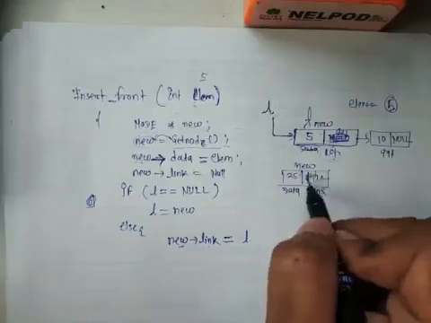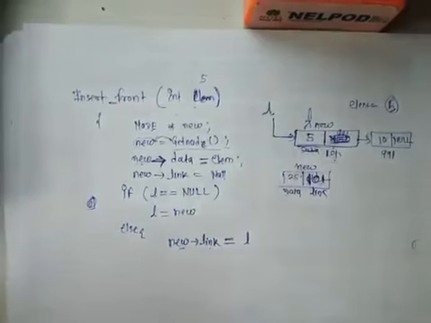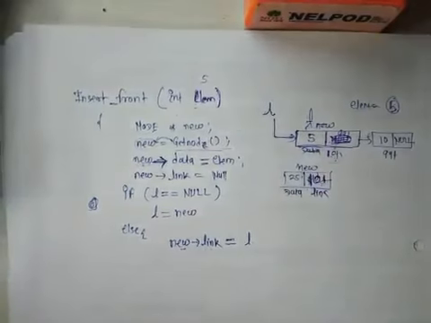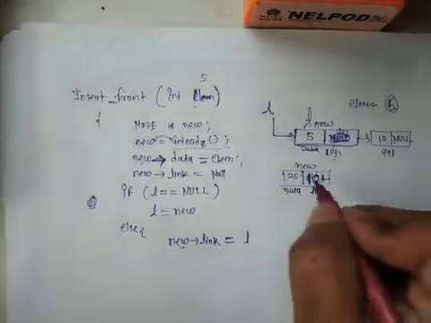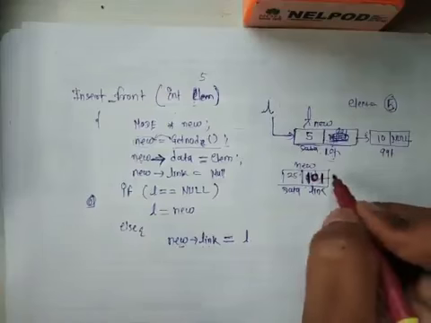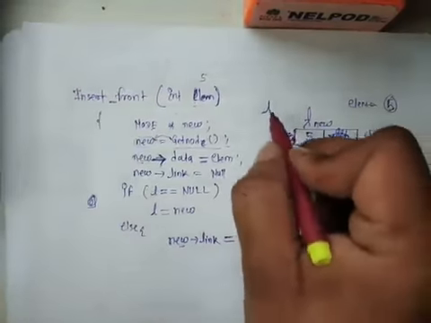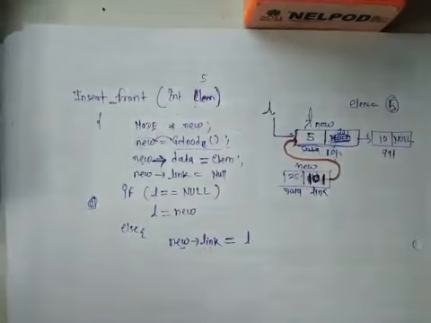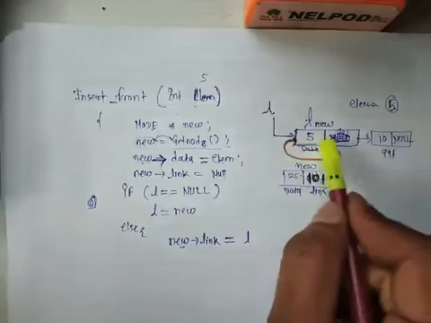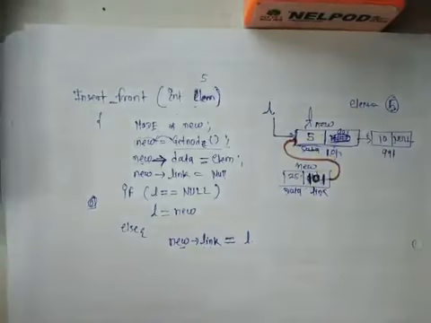So here comes 101. So basically this will point to the new node, and in the next line your L is still pointing to this node 5.